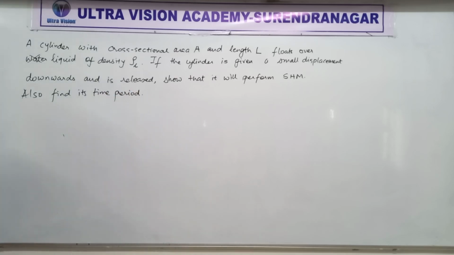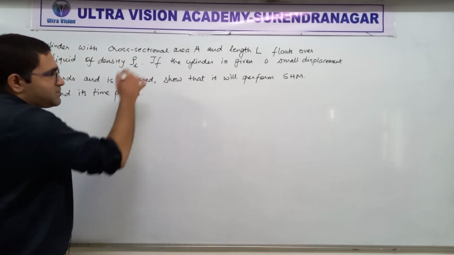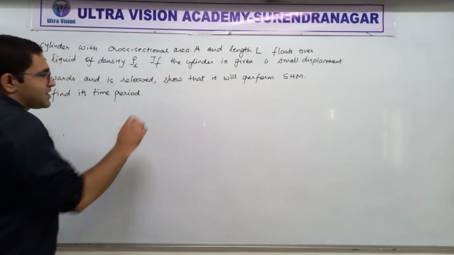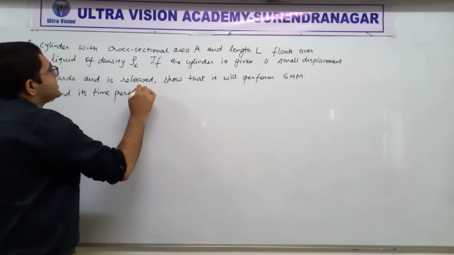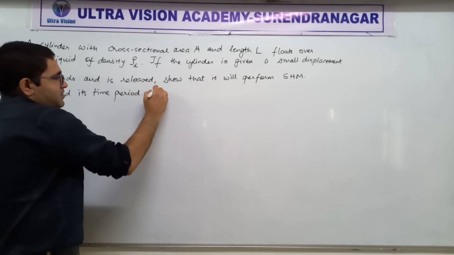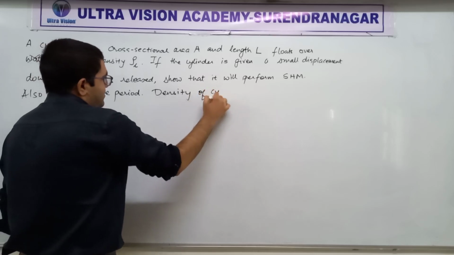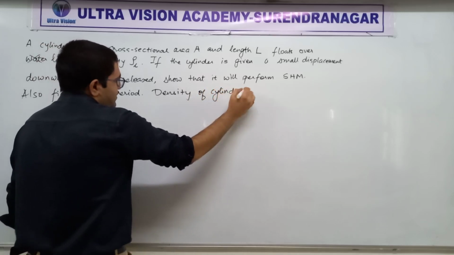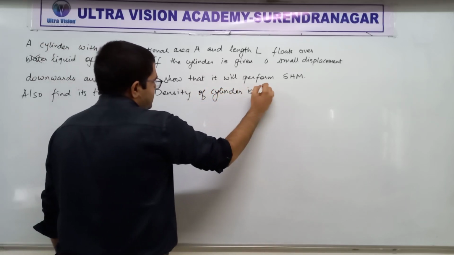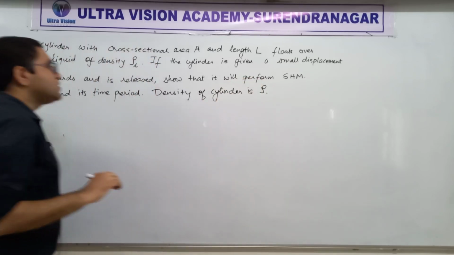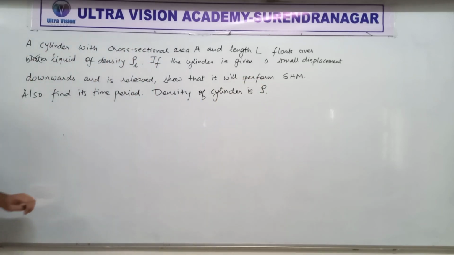Okay, so let's draw what we are given here. There's just one thing that I forgot to mention: the density of the cylinder, let's say, is rho.